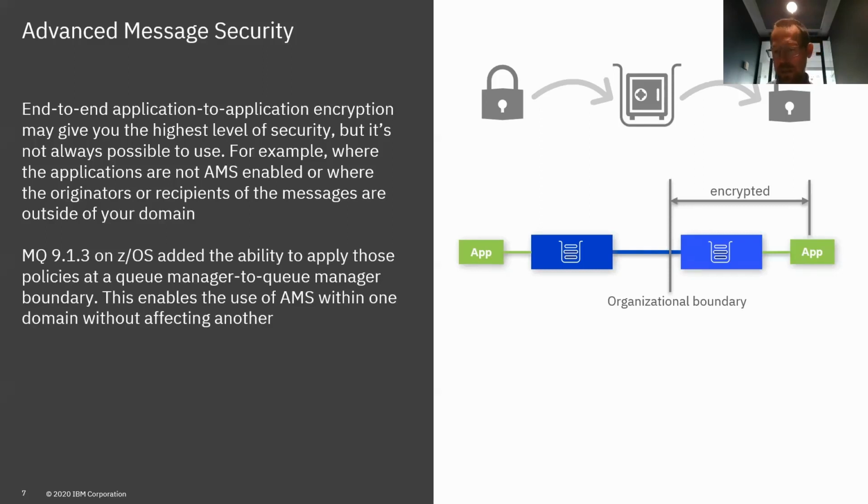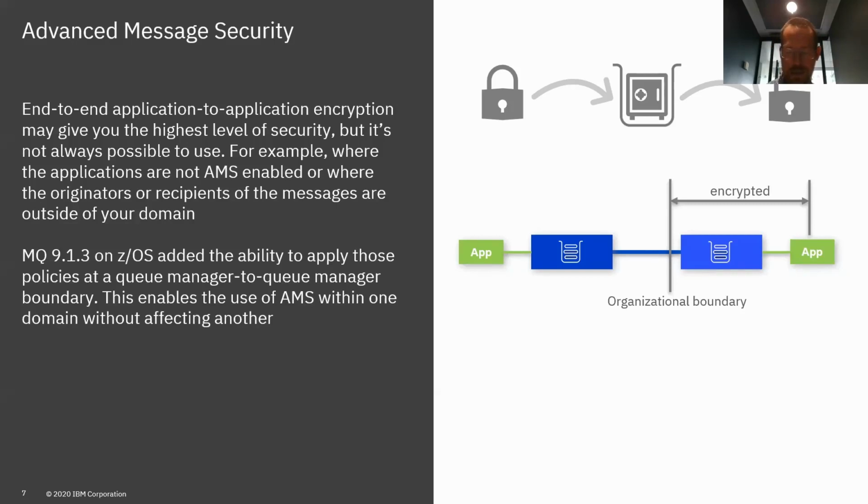You might find that one business requires that all of its data is encrypted, so they use AMS inside the business when using MQ, but they need to send data back and forth via MQ with business partners, and that business partner might not have the same level of requirement for data encryption. That is typically where we start to see slight challenges, because you've got a mismatch in terms of encryption requirements.